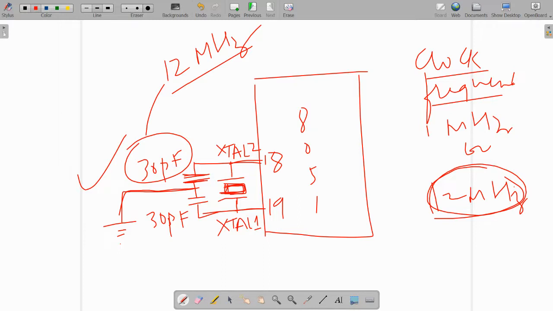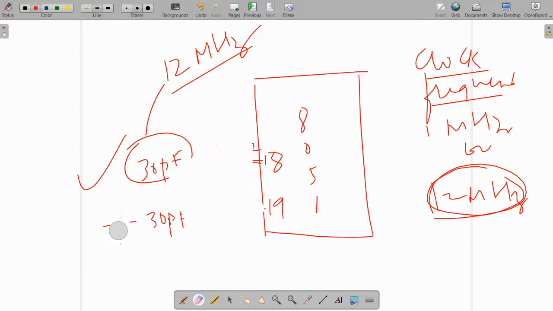Then see the change: the external components will not be there. The external clock will be directly connected to pin number 18, and pin number 19 will be grounded.